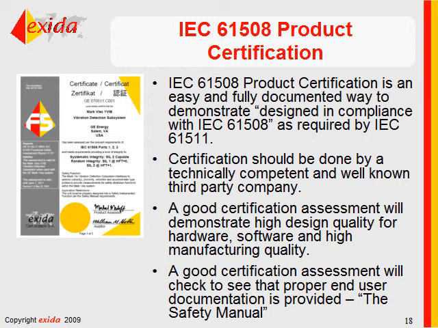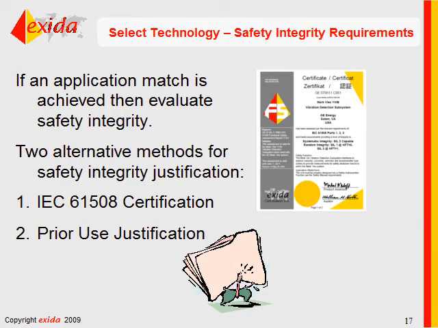If we are comfortable about our application, then the job is safety integrity. We have two alternatives: 61508 certification and prior use justification. By the way, I just want to make a point. I'm not eliminating the need for meeting application level requirements by doing safety integrity justification.